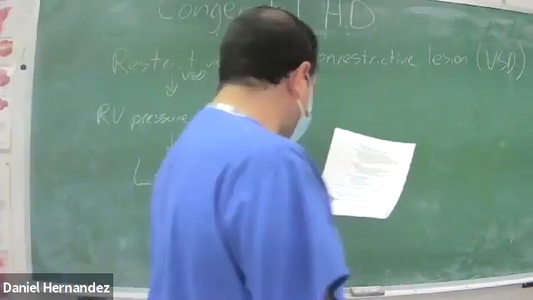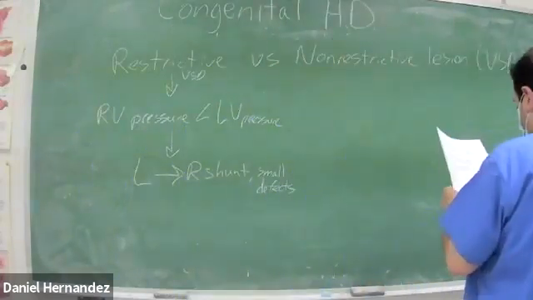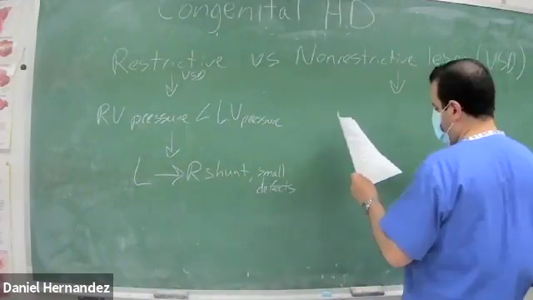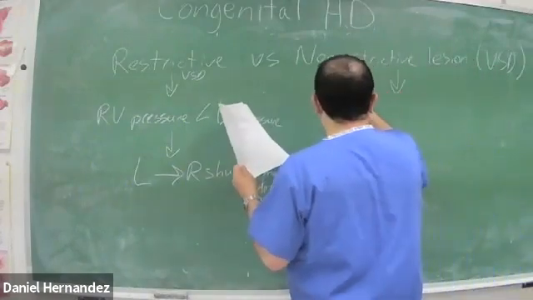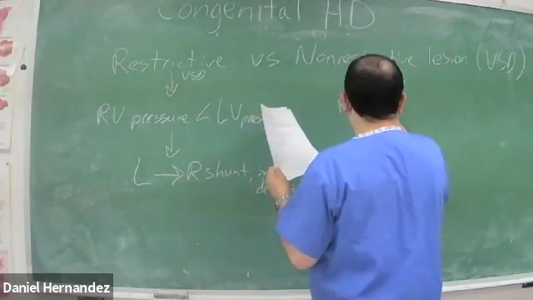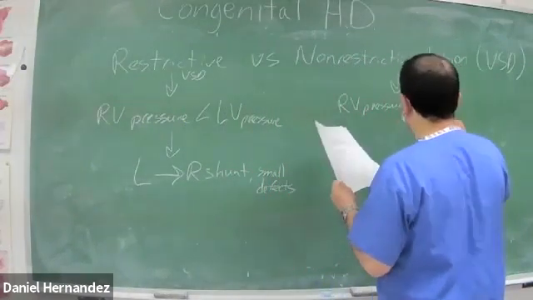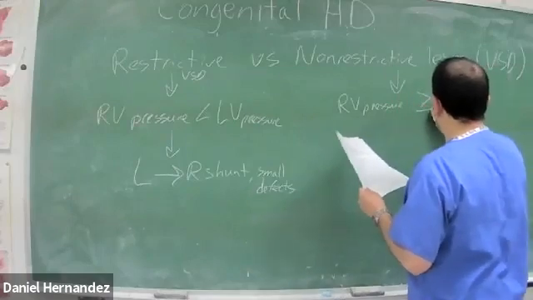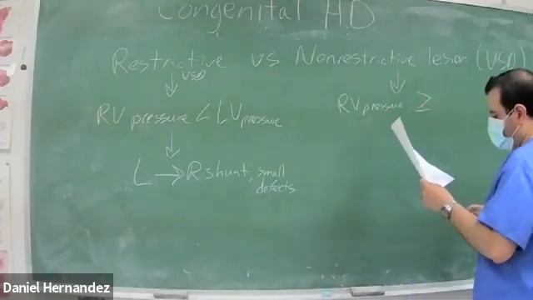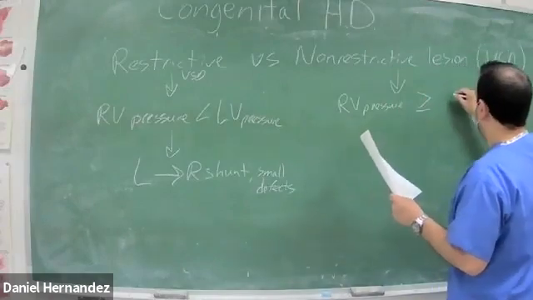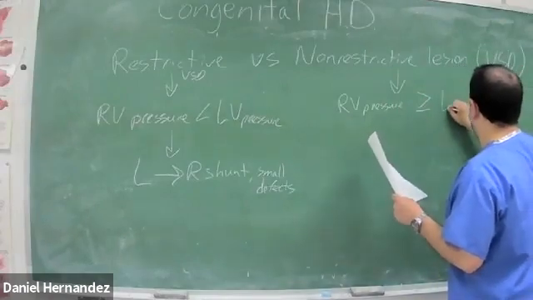So a non-restricted VSD, RV pressure is greater than or equal to, because remember, you can also have a bidirectional shunt. RV pressure is greater than or equal to LV pressure.